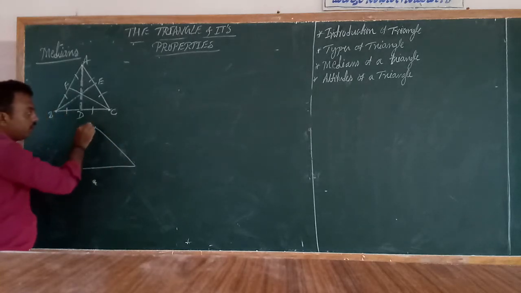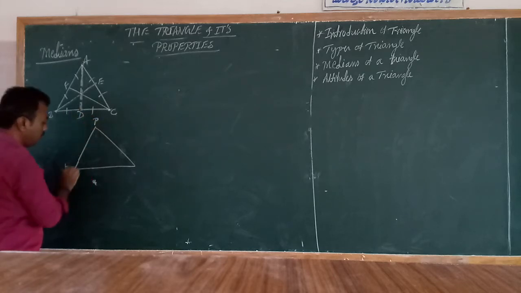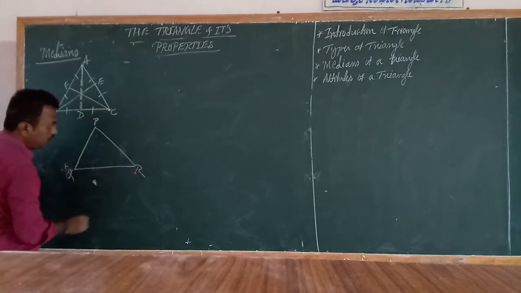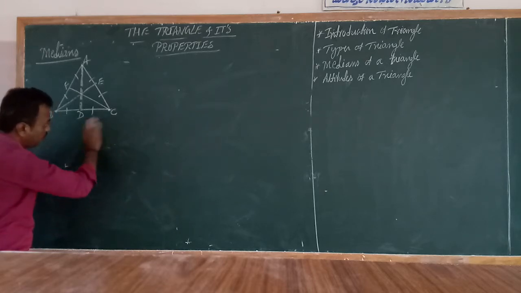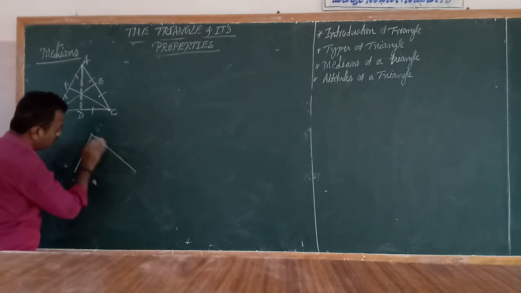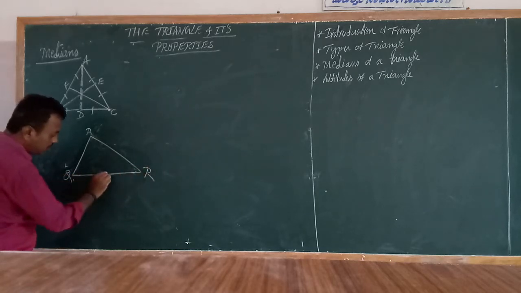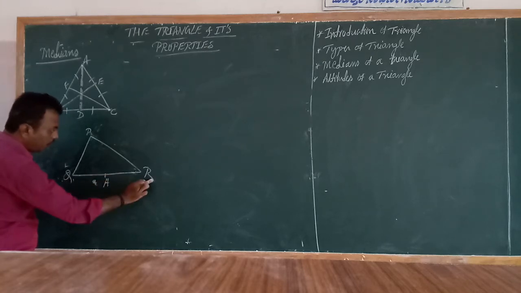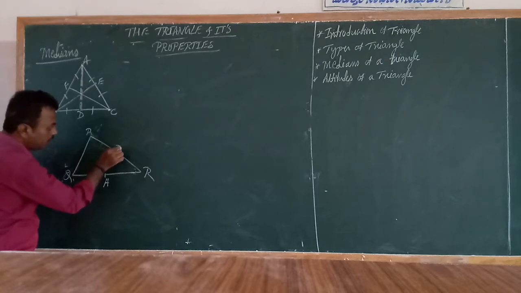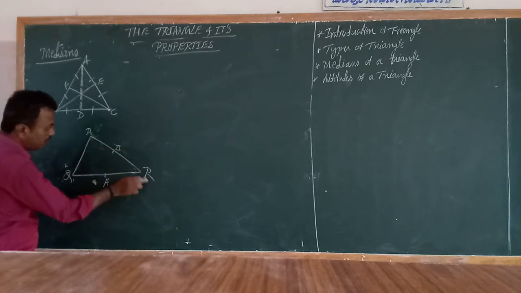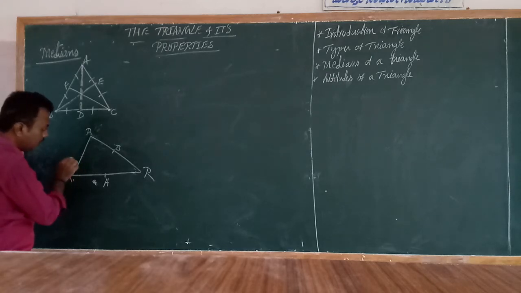So another statement I will give now. See, this is triangle PQR. Here A is the midpoint of QR, B is the midpoint of PR, and C is the midpoint of PQ.